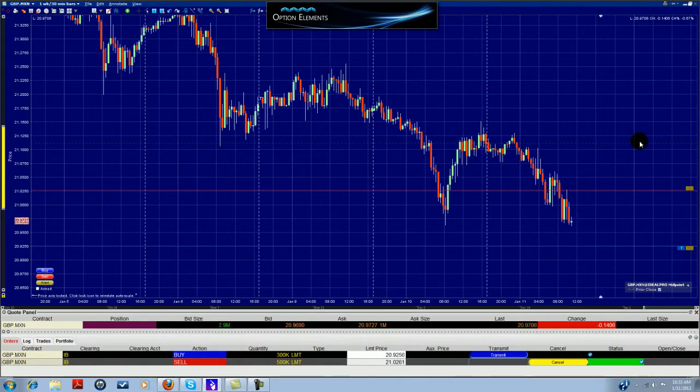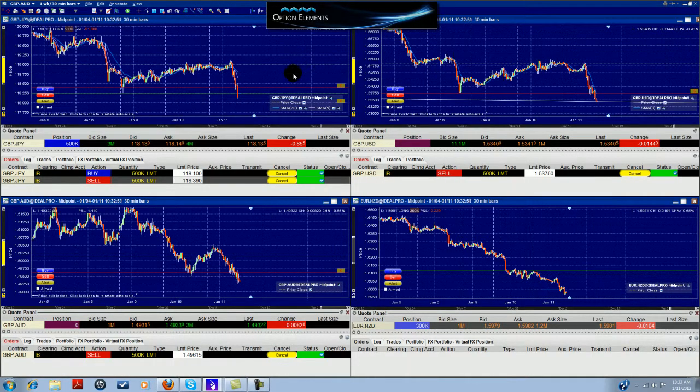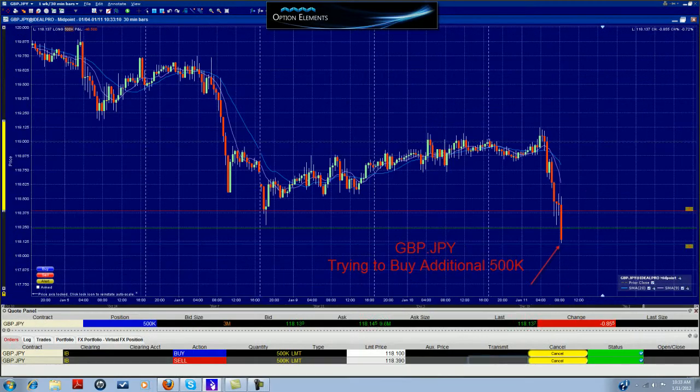We haven't got filled on either order in it. So the only operable thing right at the moment is our British pound Japanese yen. And as I said, we're getting close to the possibility of getting filled here. So maybe we'll hold here for a minute and see if we get filled on that one.